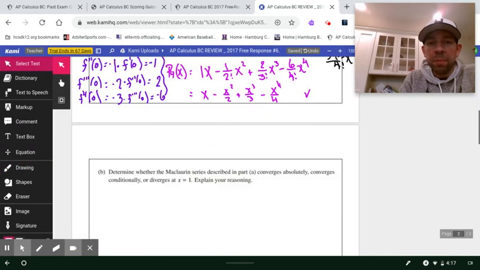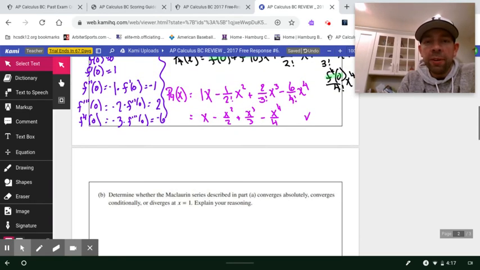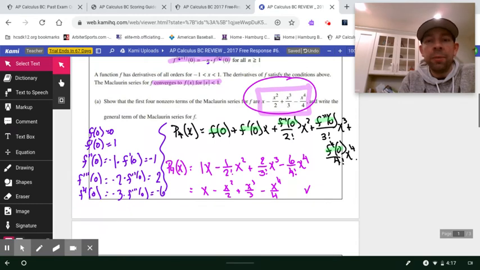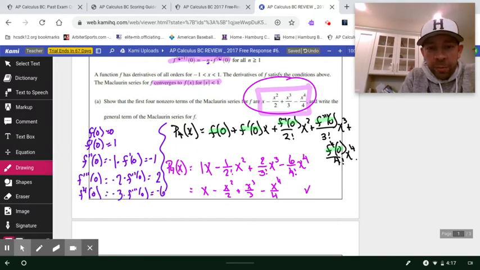All right, so what does part B look like? Determine whether the Maclaurin series, oh, did I forget, did they want the general term? They did want that. I almost forgot about that general term. Okay, so when I go to write my general term, let's assume the first term is n equals 1, n equals 2, n equals 3, n equals 4. So let's just say I kept going here. We do have an alternating series.